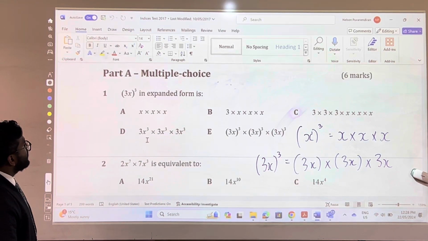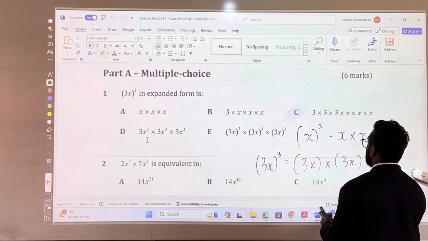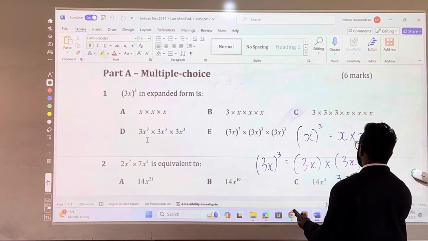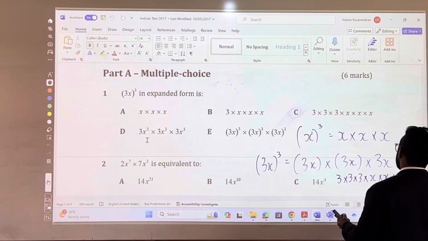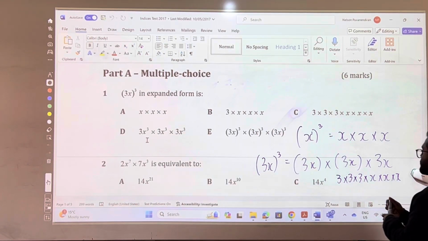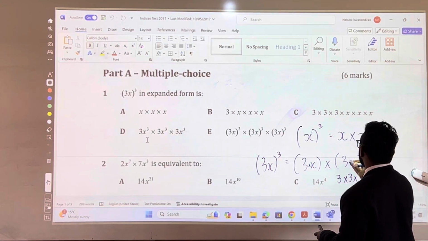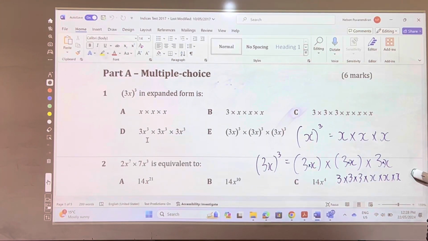Now, can it be C? If we break this up, it basically means 3 times 3 times x times x times x. I've just taken it apart. Why? Because between the x's, we've got times. So that is your answer, okay? The answer is going to be C.